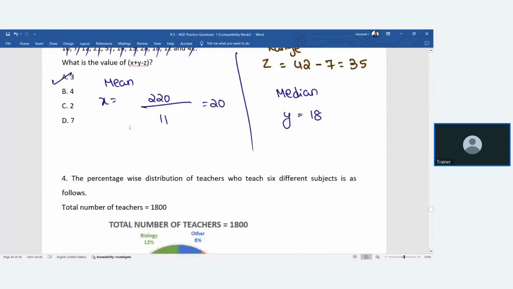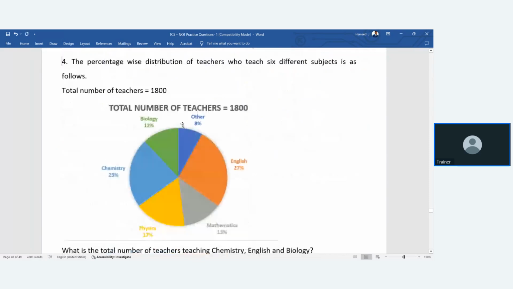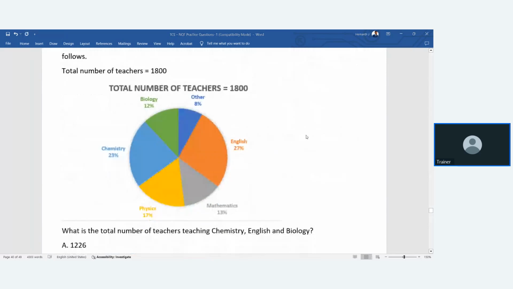Next question, look into the next question here. The number of teachers from chemistry, English and biology is what the question asks. Did everyone solve this? Chemistry, English and biology they are asking.